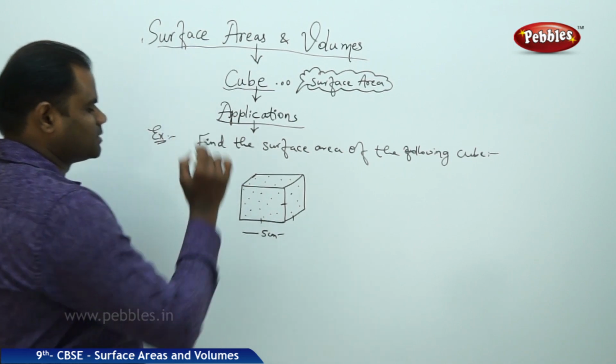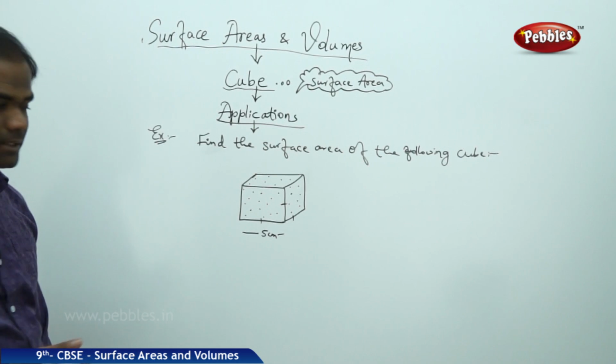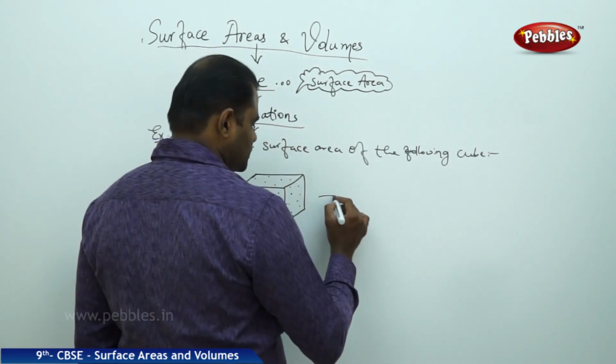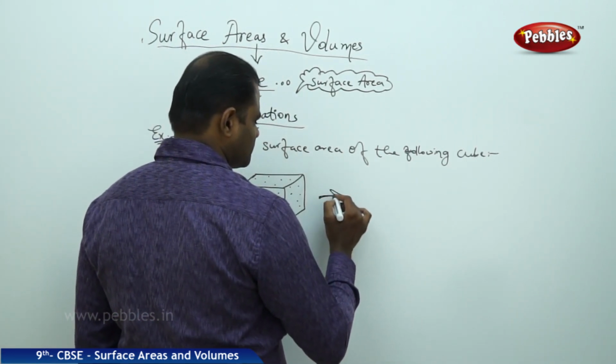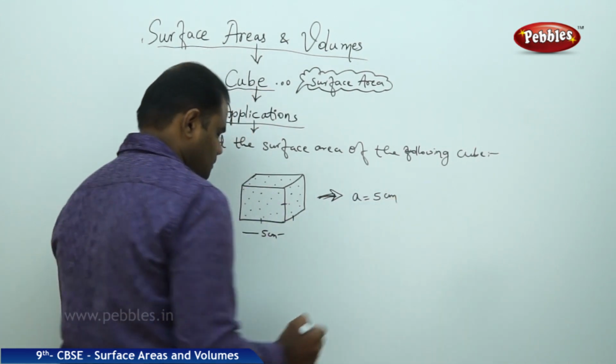So how do we find surface area of this cube? We have the formula directly, where first I identify that my A is 5 centimeters.